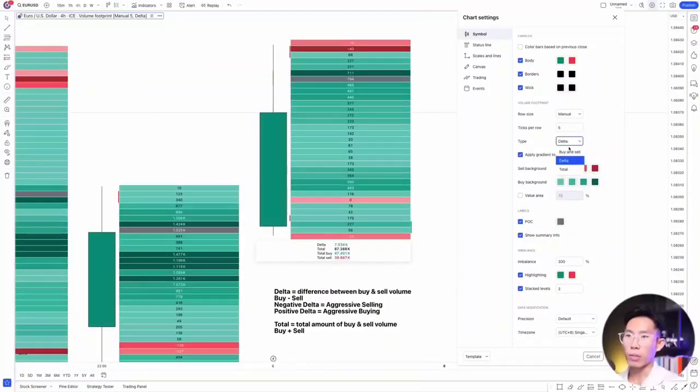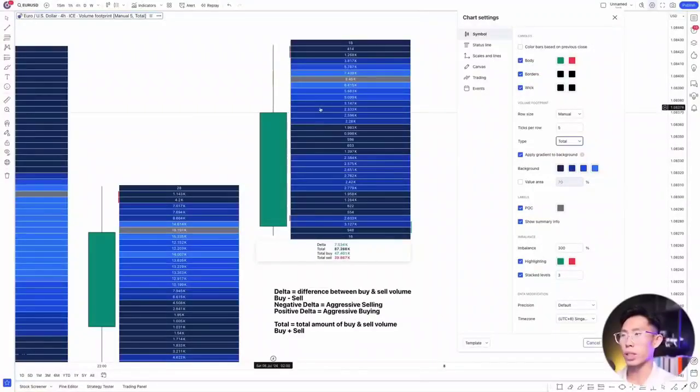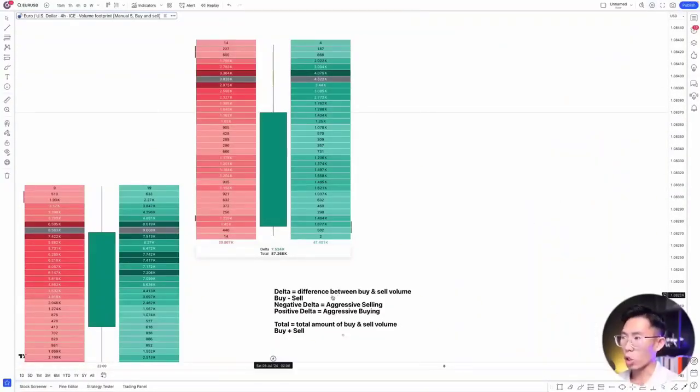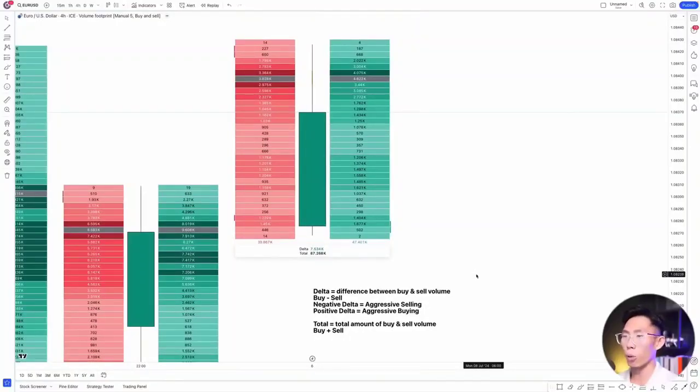And if you go to the total, this is just volume, really looking at the total amount of orders. So that's pretty much how it is. We're just gonna stick to this one because it really tells us the buy orders, the sell orders, and whether there's any sort of imbalance whatsoever. Okay, so that's basically how you understand a footprint chart.